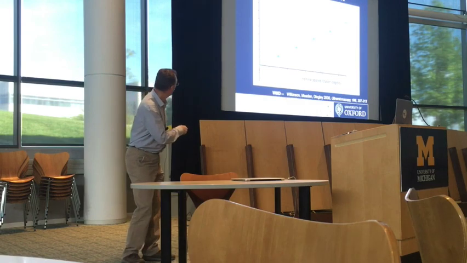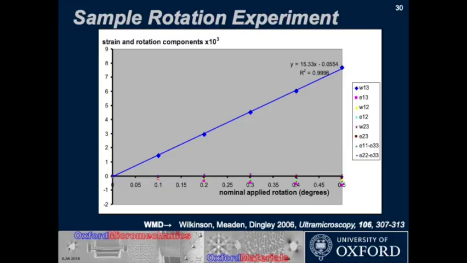So here's our measured strain components here. Here's the nominally applied rotation. I'll say nominally just because it's actually below the specification of the stage, so whether it's genuine or not, I'm not entirely sure. But you can see we've picked out one component in here. It's a rotation around the X2 axis, which is what we were imposing on the sample through our rotation.